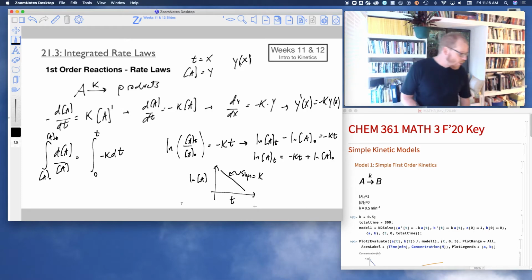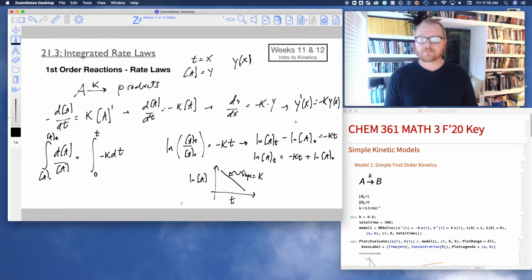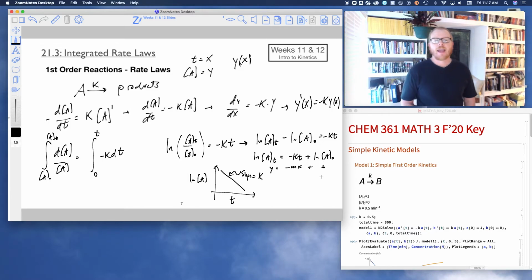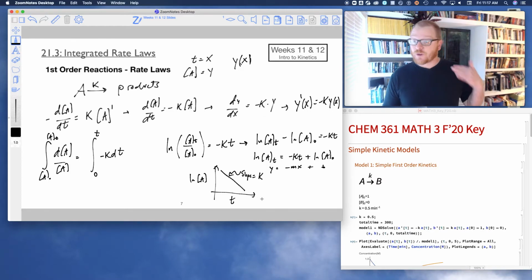Okay? So we always view rate constants as positive. Rate constants are always positive, but because of the negative sign in that equation, there's a negative slope. Okay, so this becomes y equals negative mx plus b, right? And the fact that this is decaying tells us the reactant's concentration is decreasing in time.